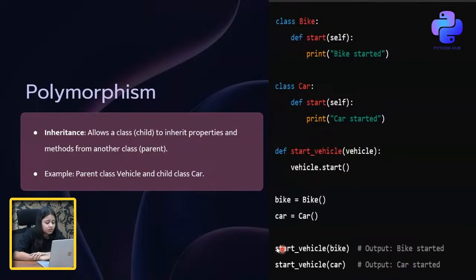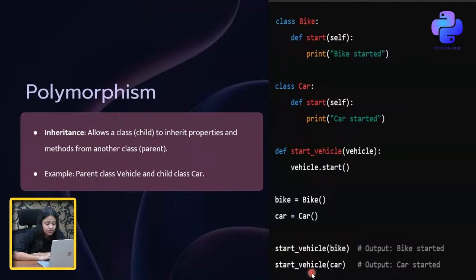The next step is creating objects using this polymorphism. I have bike equal to an object, calling the Bike class, and again I'm doing the same for the car. After that, I'm writing startVehicle(bike), and it gives an output, bike started.